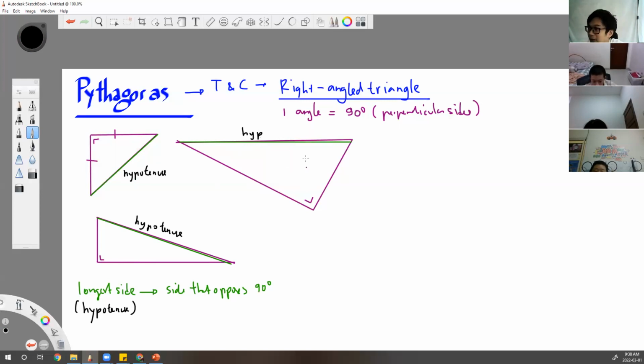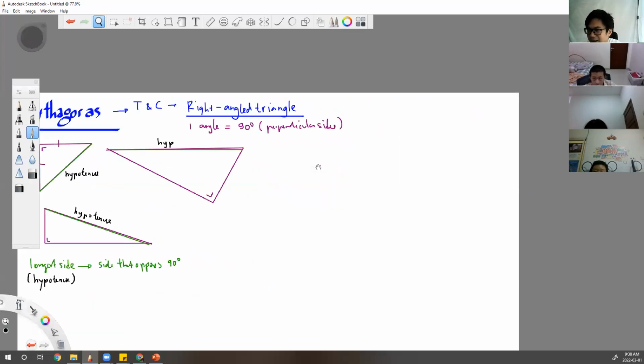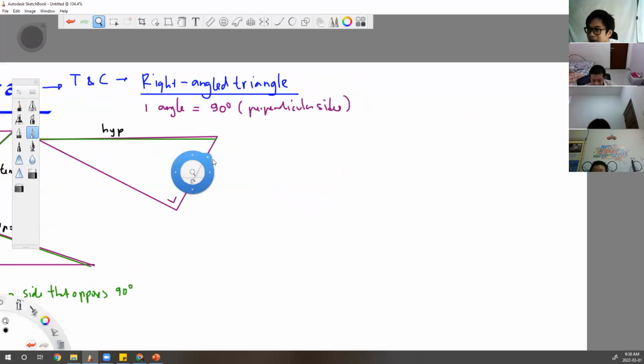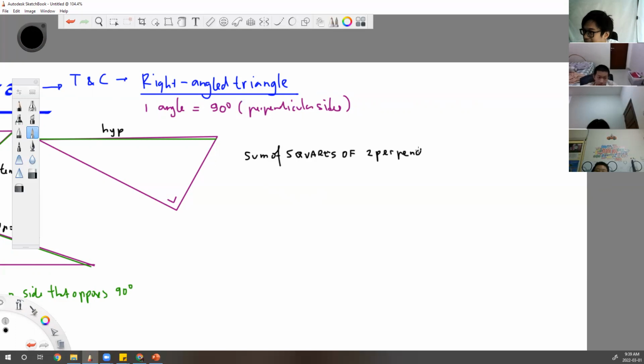Okay, now the rule of Pythagoras says it like this. Listen and pay attention carefully. The sum of squares of the two perpendicular sides is equal to the square of the hypotenuse.